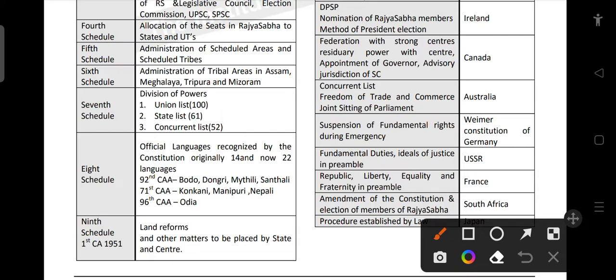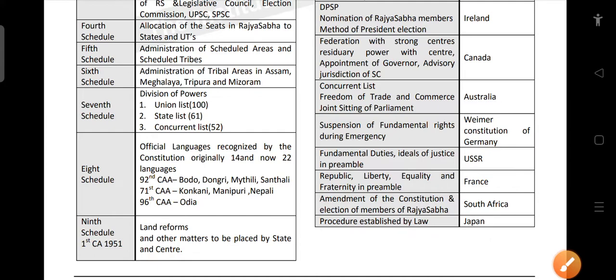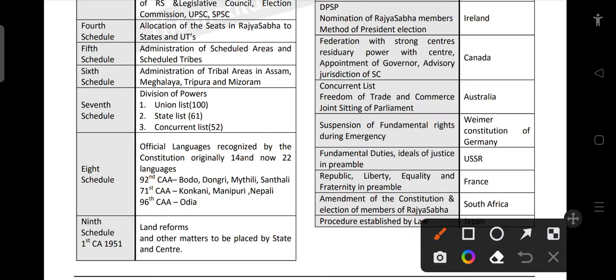In the 8th schedule, the 92nd amendment talks about BDMS, that is Bodo, Dogri, Maithili and Santali. The 71st amendment talks about KMN, Konkani, Manipuri and Nepali. The 96th amendment talks about Odia. So all these were included in the official languages by the following amendments. And the 9th schedule was added by the first amendment we made in our Constitution in the year 1951.